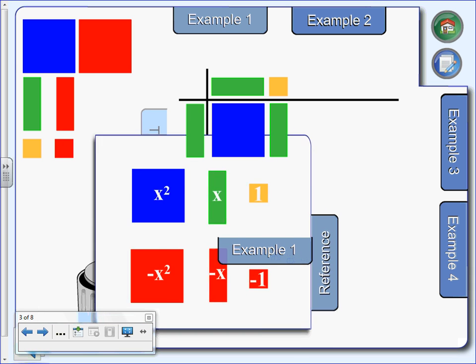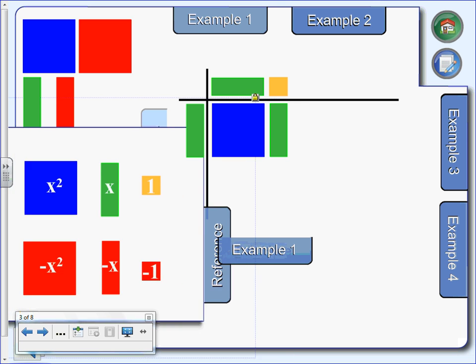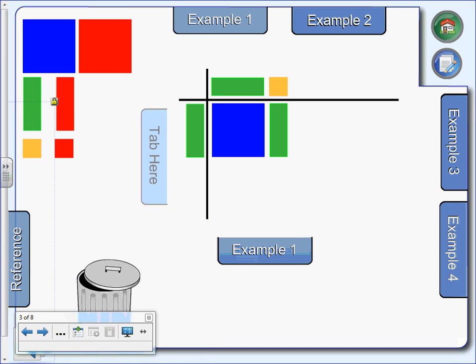If it's a square, it's x squared. If it's just a single bar, it's an x. If it's a single red bar, it's a negative x. Same with the red square, it would be negative x squared. And then the yellowish color is 1, and then the red one would be negative 1.